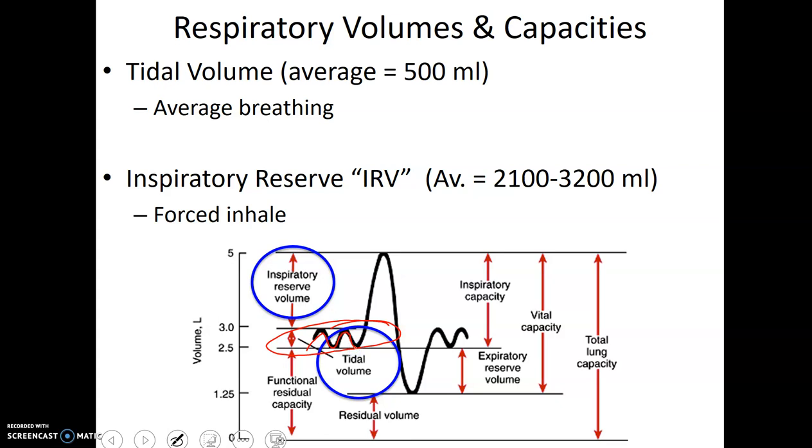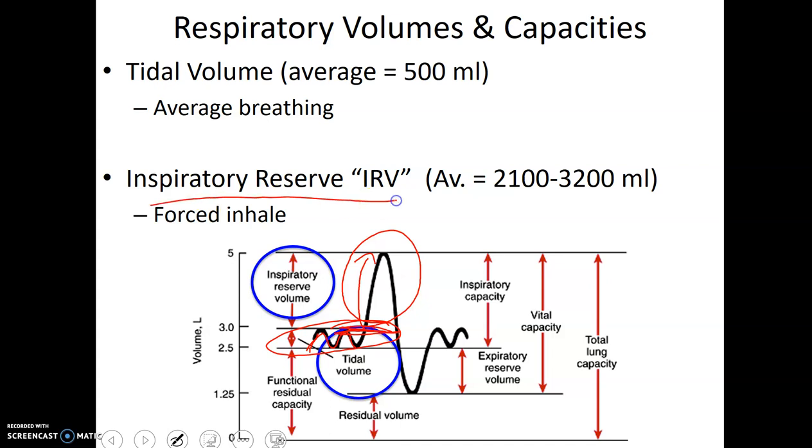If I told you to take a real deep breath in, you would have the inhale of your tidal volume, but then you're looking at your inspiratory reserve, which means from the top of a normal breath, which is here, all the way up till you can fill your lungs to a maximum.